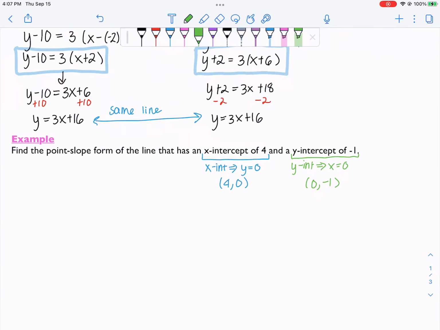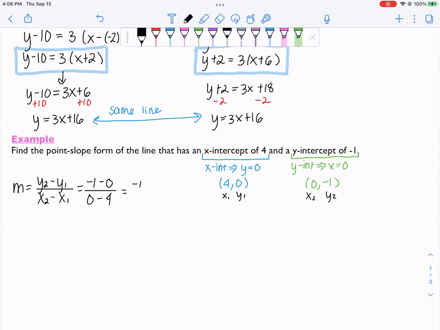From here, we can go ahead and find our slope. x1, y1, x2, y2. Slope is y2 minus y1 all over x2 minus x1. y2 is -1, y1 is 0. x2 is 0, x1 is 4.